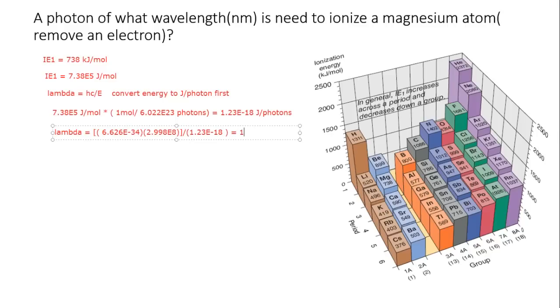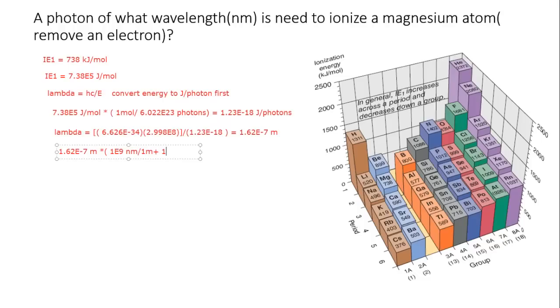We get 1.62 e to the negative 7 meters. Now we've got to convert this to nanometers. So 1.62 e to the negative 7 meters times 1 e to the 9th nanometers divided by 1 meter.